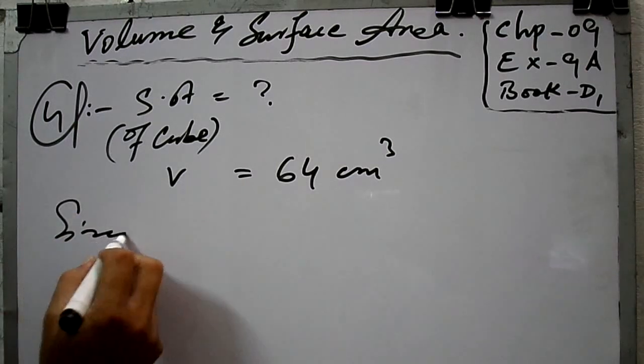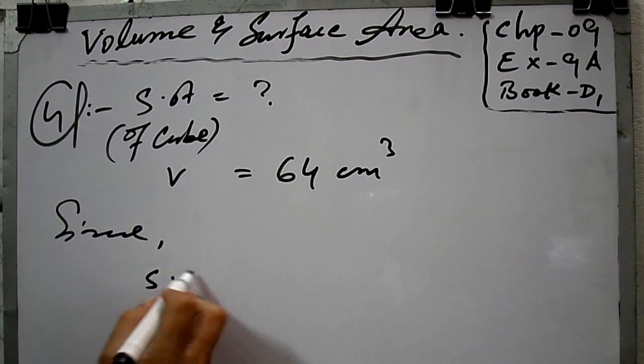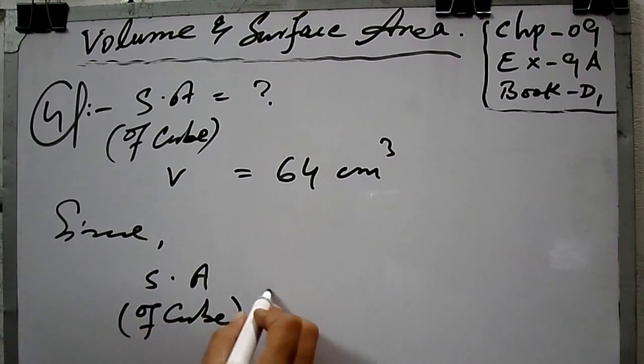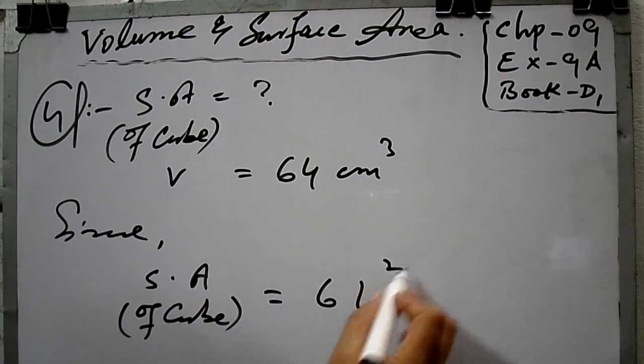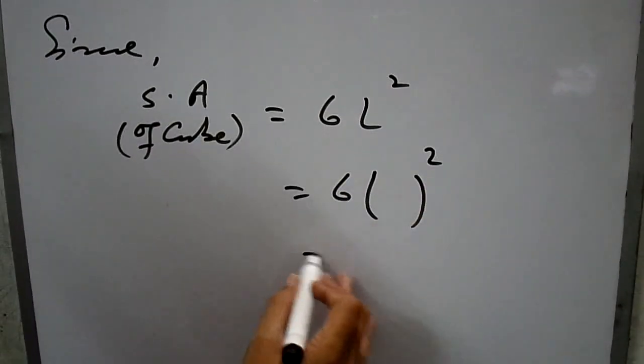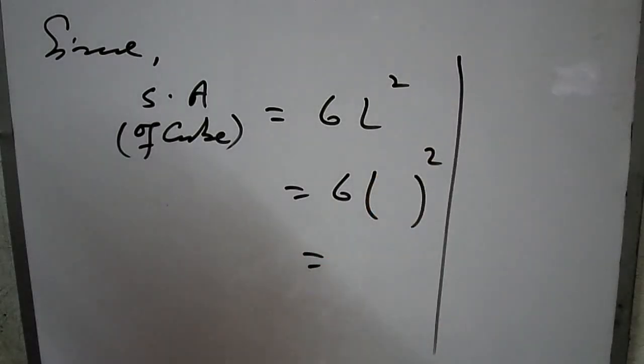So since we have a formula, that is surface area of cube is equal to 6L square. So 6 into, we have to put the values here and we can calculate.